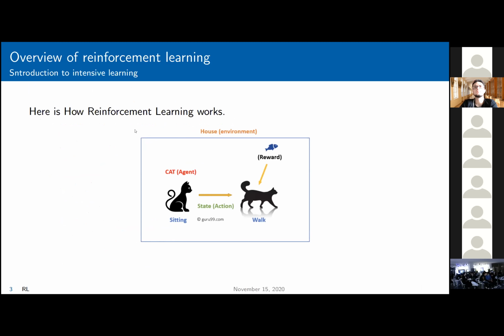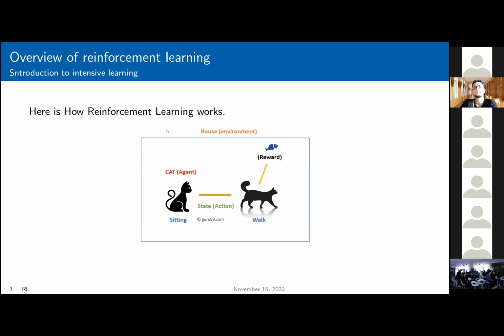First, let's look at how reinforcement learning works. The cat is an agent that is exposed to the environment, in this case your house. An example of a state could be your cat sitting, and you use a specific word for the cat to walk. Our agent reacts by performing an action, a transition from one state to another state.